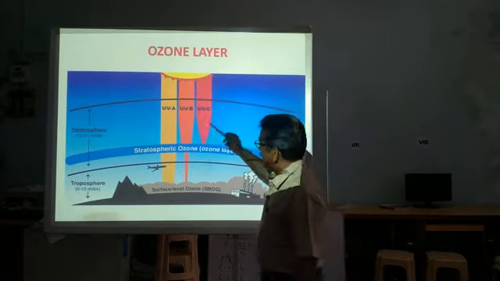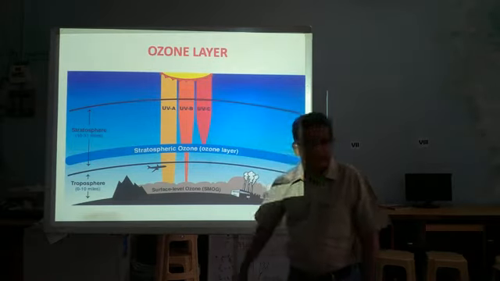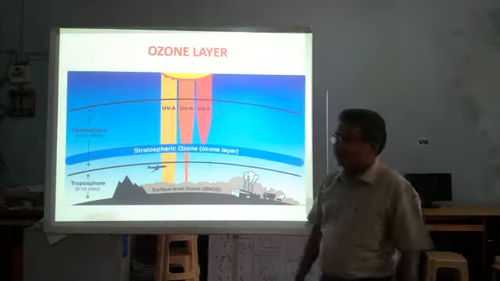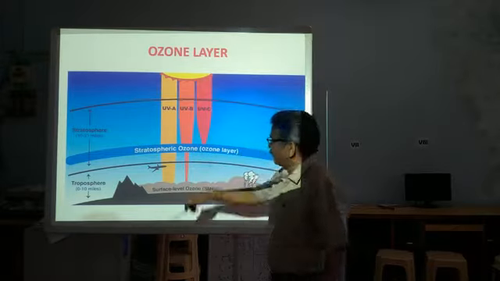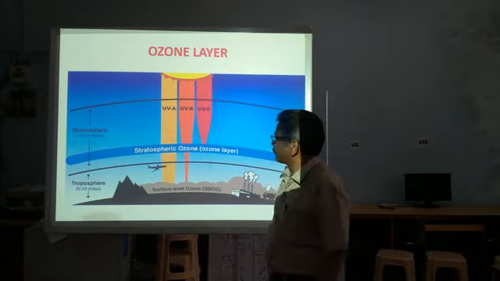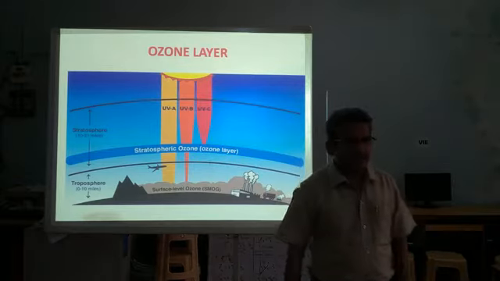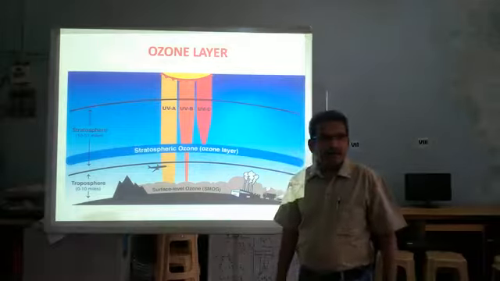See the change that is happening to the UV radiations present in the sun when it passes down to the stratosphere. There are different variants of UV: UVA, UVB, UVC. Out of these, UVB and UVC are found to have much effect on the life of organisms.